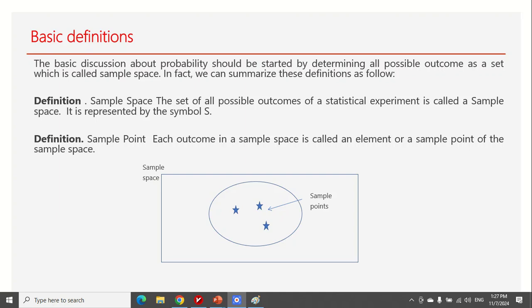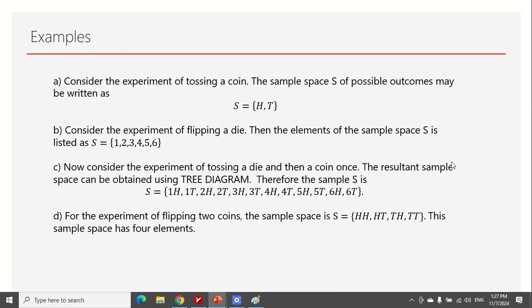Let me give you an example. For instance, if we simply toss a coin, the sample space contains two elements, H and T. H denotes the head and T denotes the tail. So we have head and tail in that sample space.